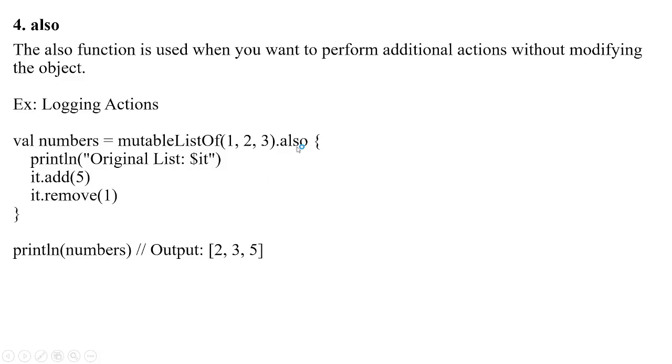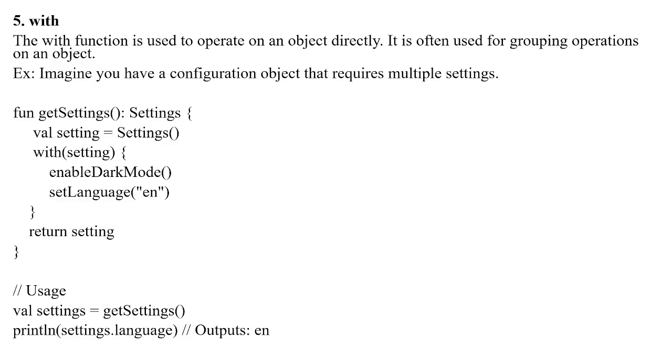We can use the also scope function for that, because we are not changing the mutable list itself. When you want to perform side effects like logging or debugging, we can use the also scope function.